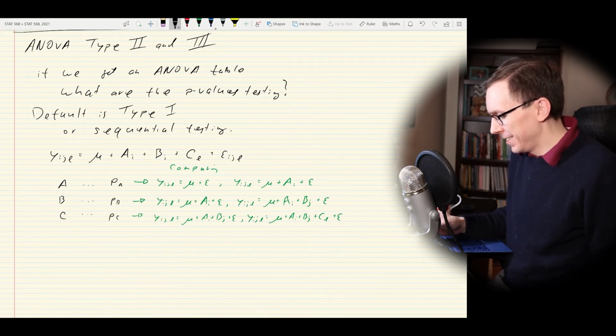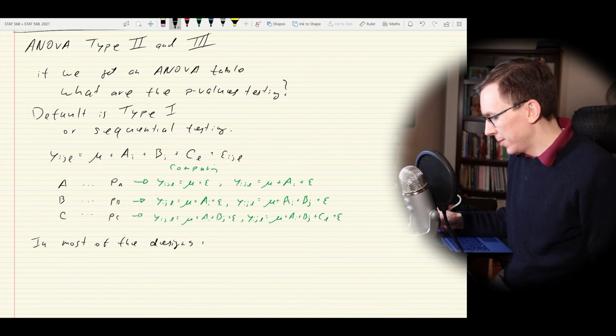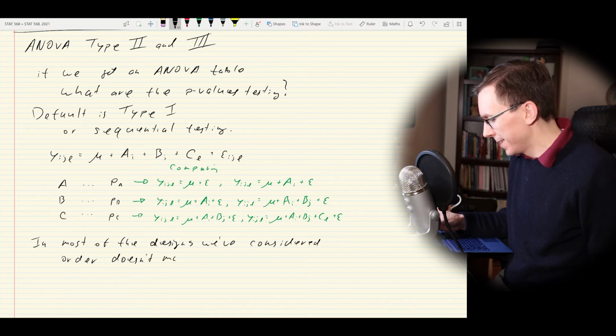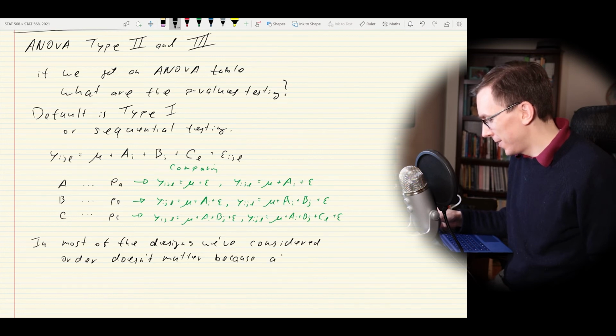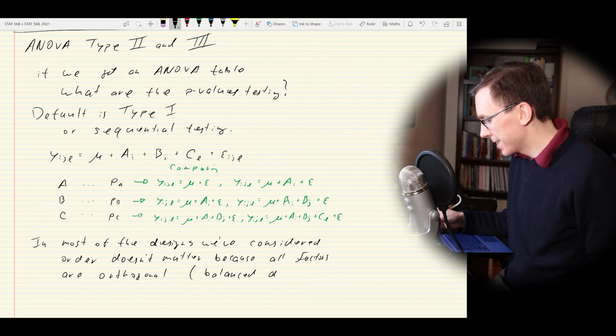So in most of the designs we've considered, order doesn't matter, because all factors are orthogonal. This is coming from the fact that we have balanced designs.